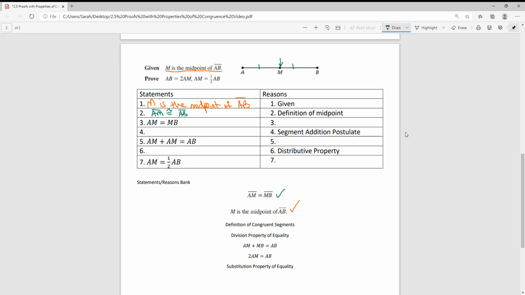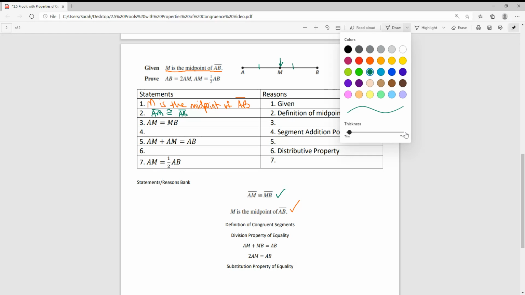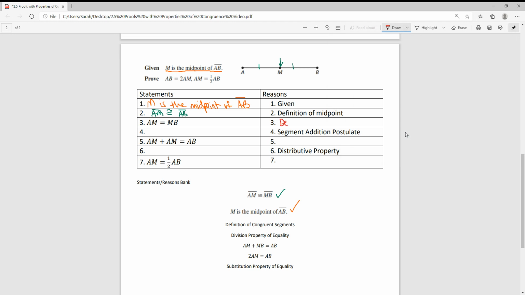So we used our definition of midpoint to say that the first half is congruent to the second half. Now, this looks kind of familiar with what we did in the last problem. Since the segments are congruent, we can say that their lengths are equal. And we did that using the definition of congruent segments.